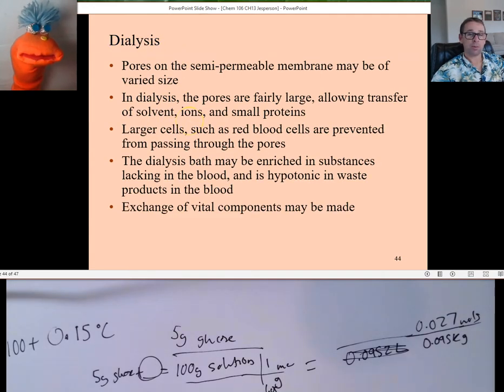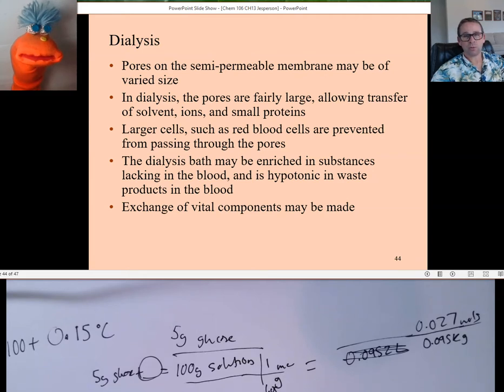Dialysis, you've probably heard of dialysis. It's where we take usually a patient's blood of some sort, right? Fluids, and we're trying to remove from that blood molecules.